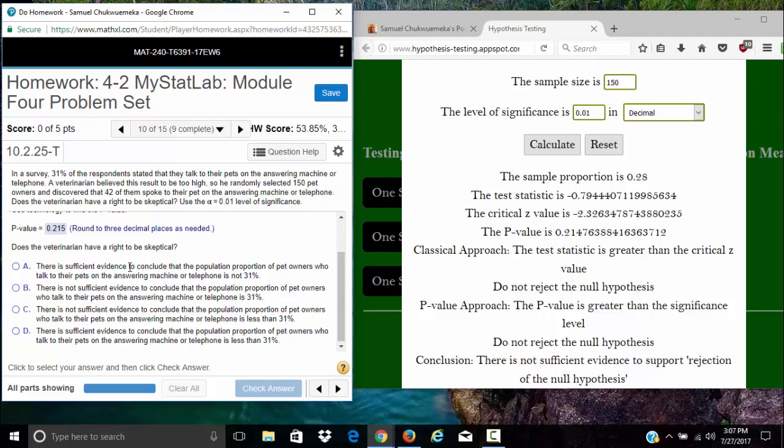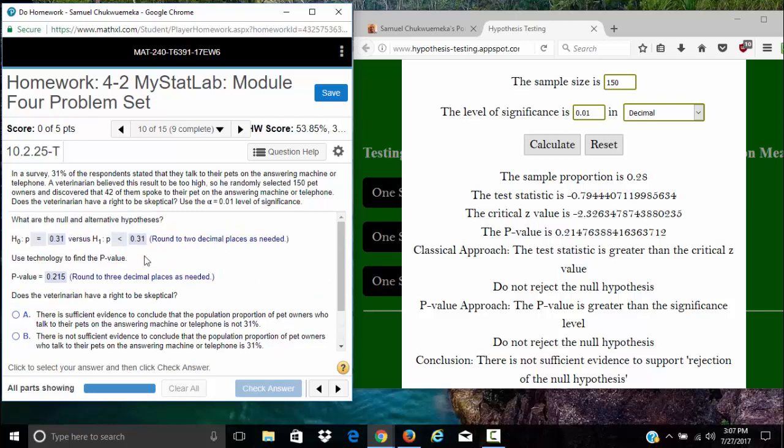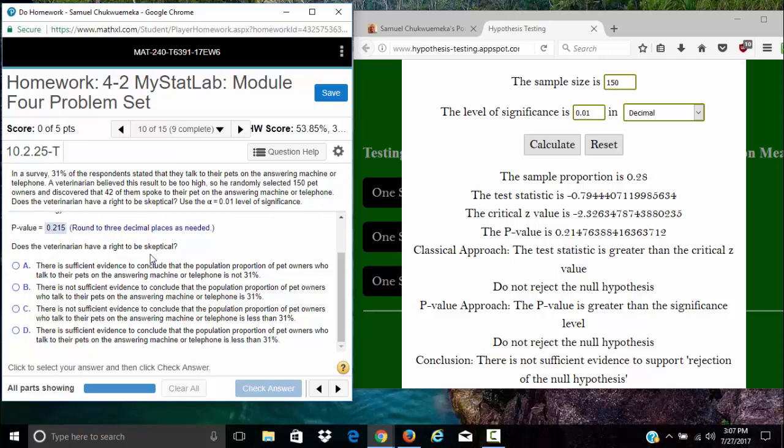Okay, remember, there is not sufficient evidence to reject the null. Which means there is not sufficient evidence to accept the alternative. That is what it means. So, there is not sufficient evidence to say that the proportion is less than 31%.